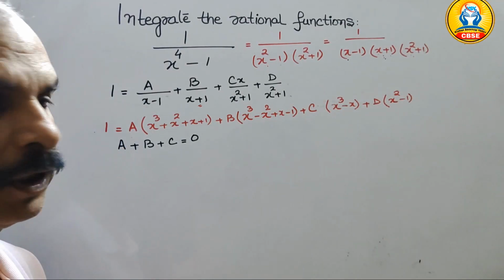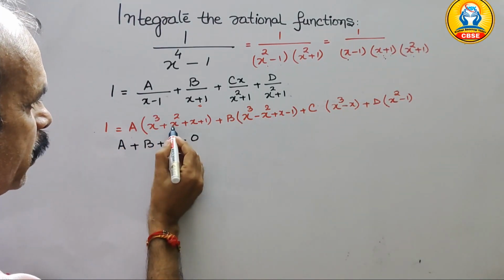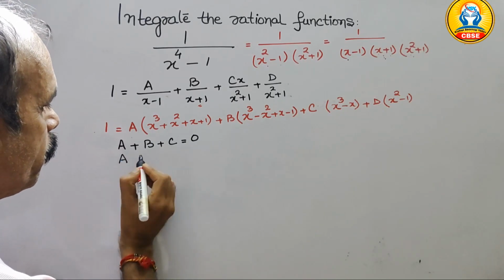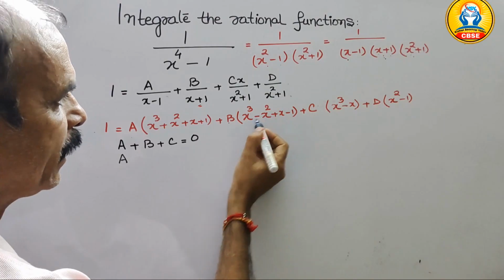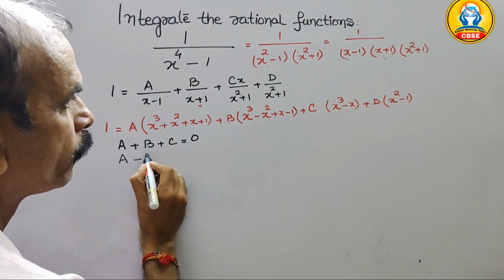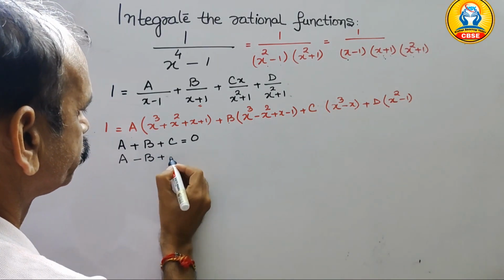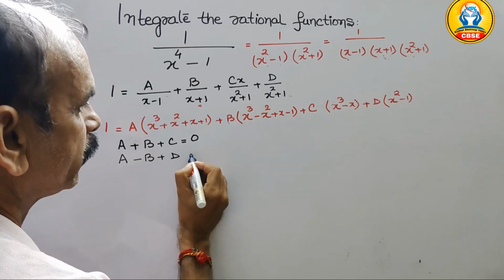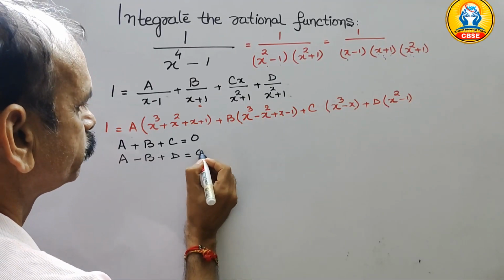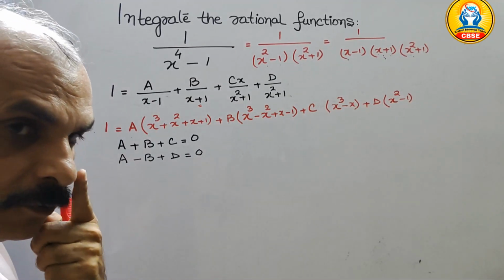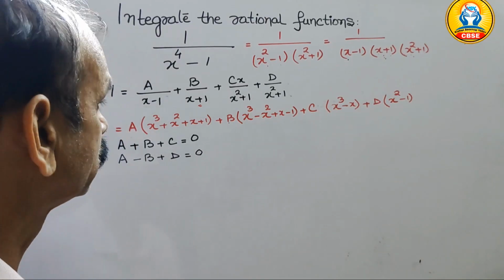Next we will take x square. Here it will be A, minus B, and D, that is equal to 0. Next we have to take x.